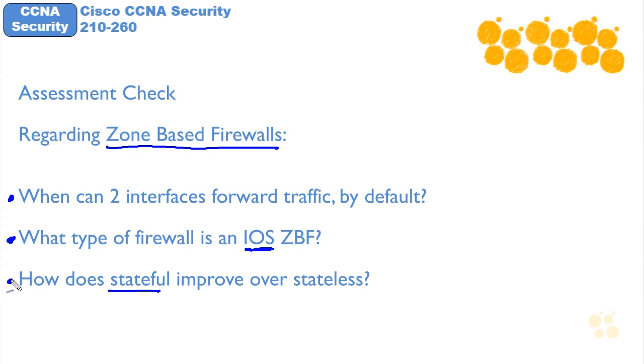And question number 3, how does stateful improve over stateless? Well, let's think about stateless, which is just packet filtering. What can a packet filtering router really filter on? We have basic things like the protocol. So let's say it's TCP, that's the protocol. We can filter on the source and destination IP address, the source and destination port, and pretty much that's about it with a packet filtering firewall.